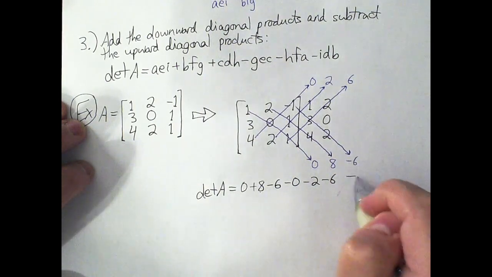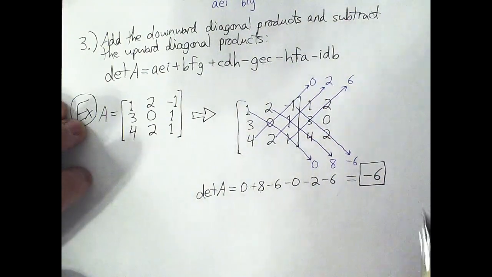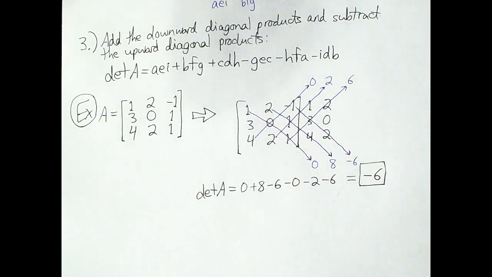We get negative 6. And we got that pretty quickly. So it is a shortcut. It's kind of a weird method. I think it seems different from everything else we do in linear algebra. So I don't know if you like this method or not, but you can use this if you want. Just keep in mind that this is only for 3x3 cases.